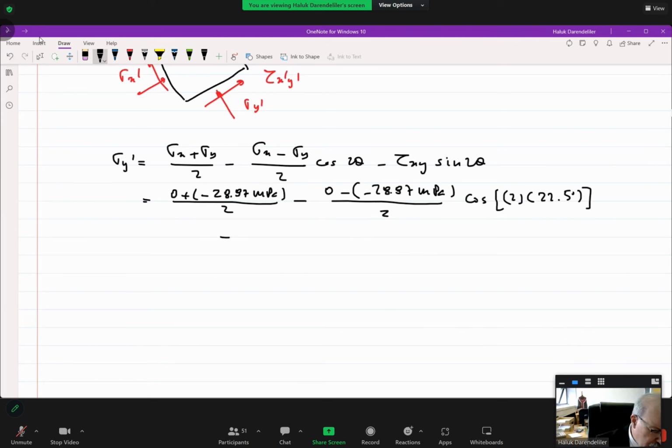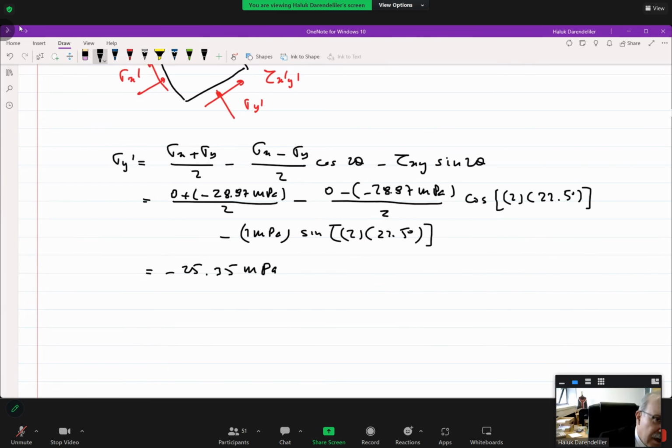Minus tau xy from torsion, which is 1 megapascal, very small value, times sine 2 times 22.5 degrees. If you solve this, you will see that sigma y prime is equal to minus 25.35 megapascals. So the stress on the weld in the normal direction is compressive 25.35.